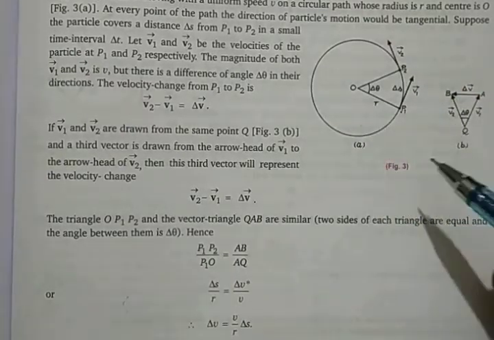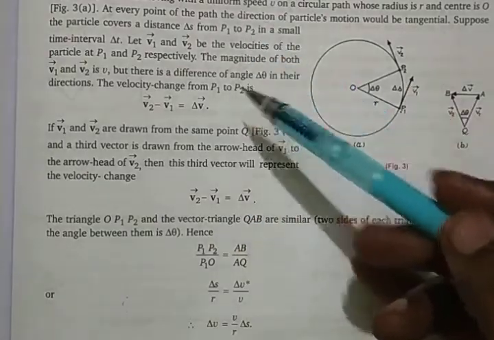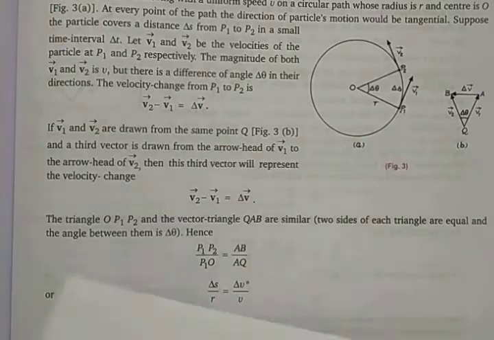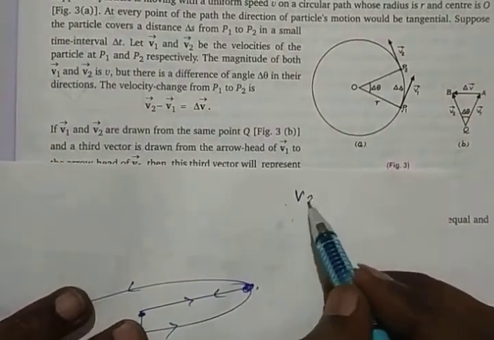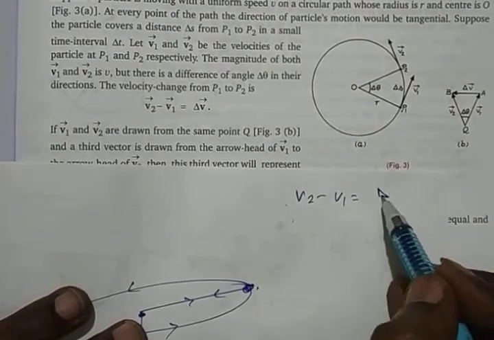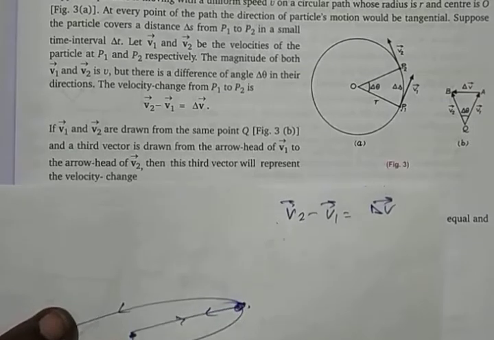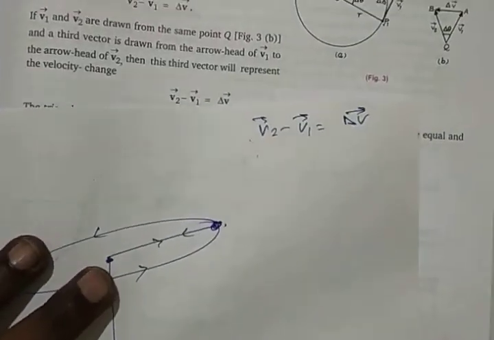This entire thing you need to write. Whatever I have said in the previous lines, everything should be written like that, as it is written here. Okay. So write down the change in velocity. The change in velocity is V2 minus V1 equals delta V. V2 vector minus V1 vector is delta V. Alright, so that is the value here.